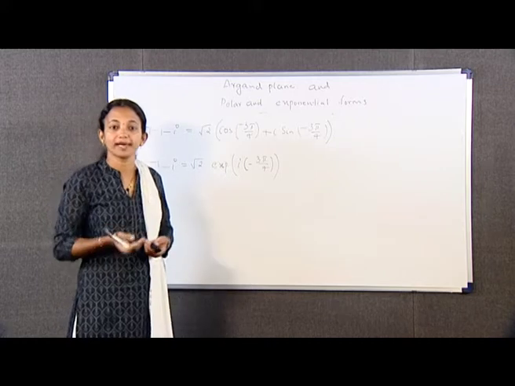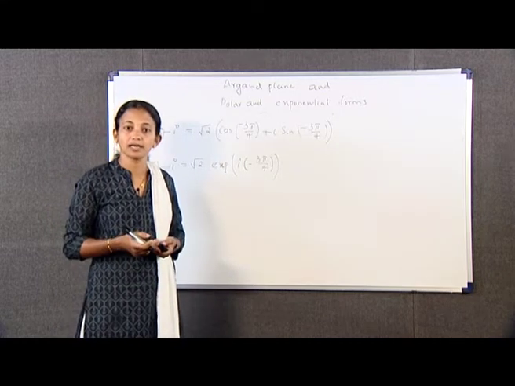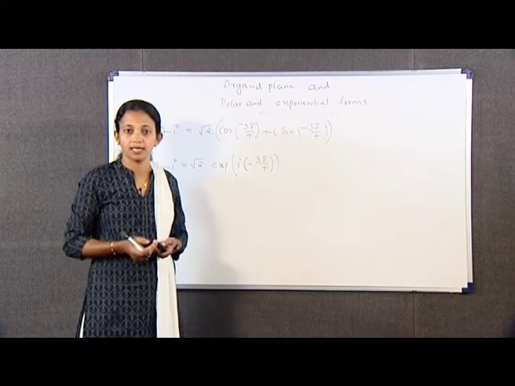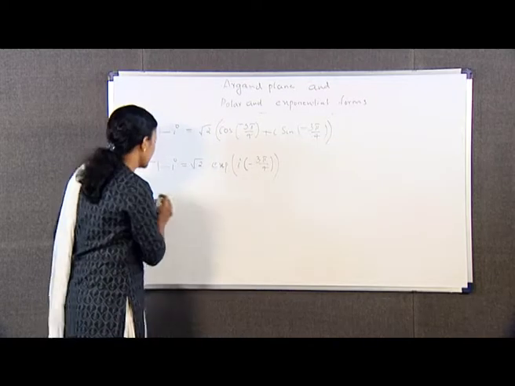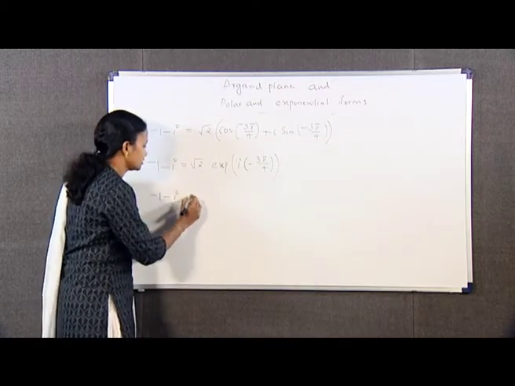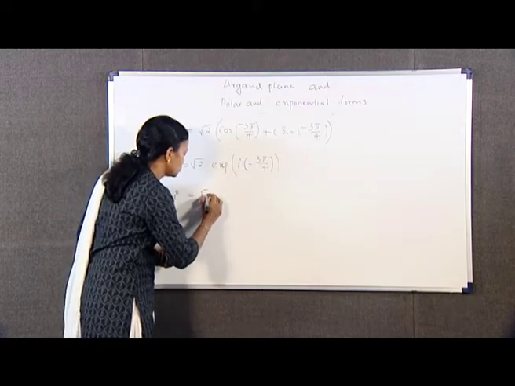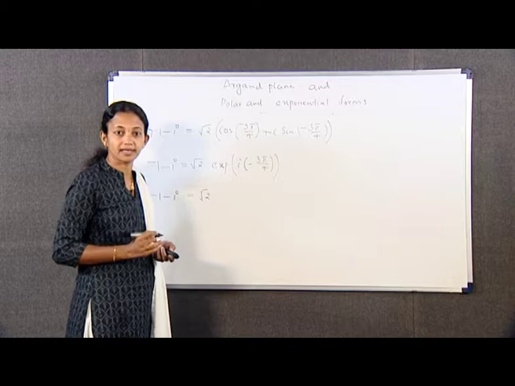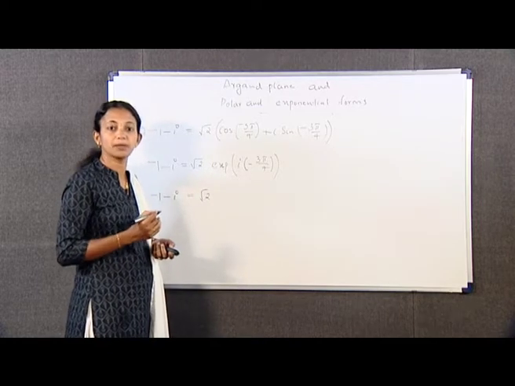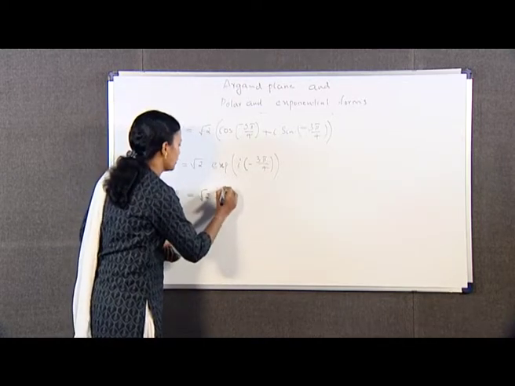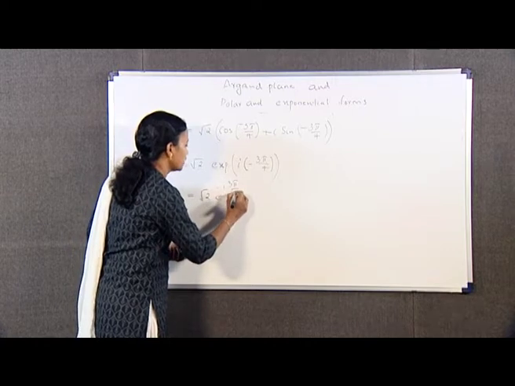As e raised to minus i theta is equal to e raised to i into minus theta, this can be written as minus 1 minus i is equal to square root of 2 into e raised to minus i into 3 pi by 4.